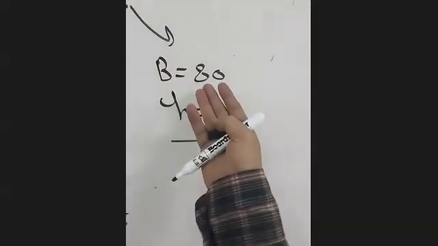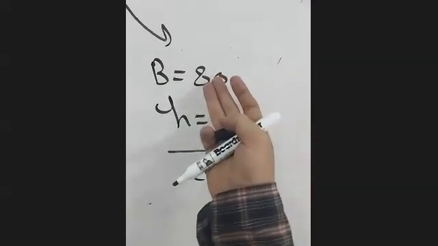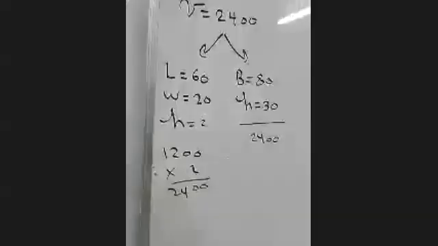Now, if the base is 80, maybe the length is 20 and the width is 4. 4 by 20 is 80. And here we have different ones. No, they are not the same prism. Not the same dimensions, sorry. They don't have the same dimensions. Okay.